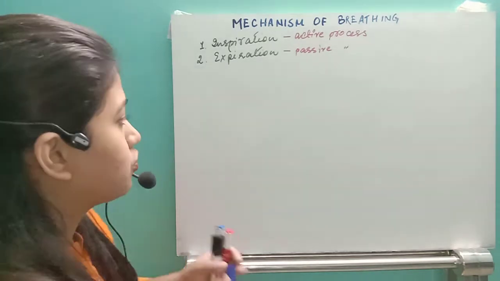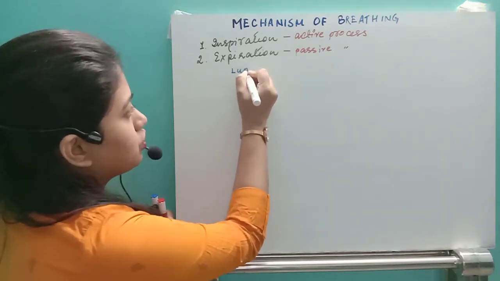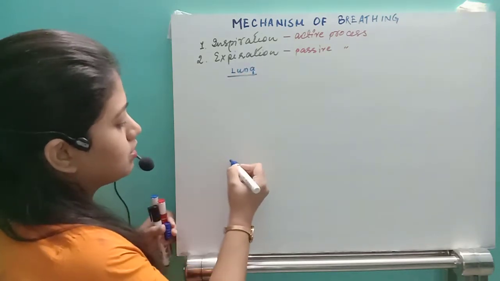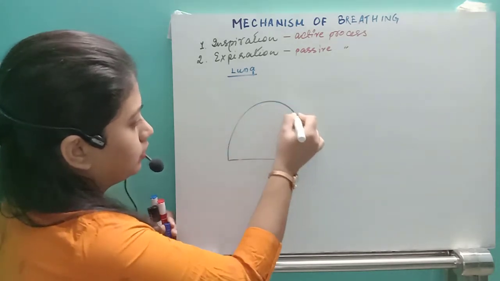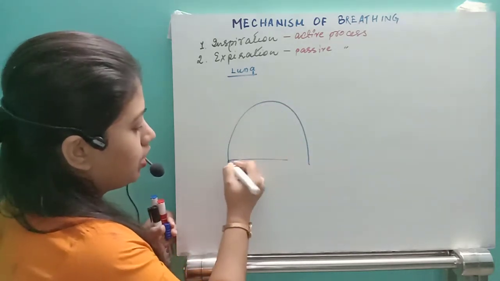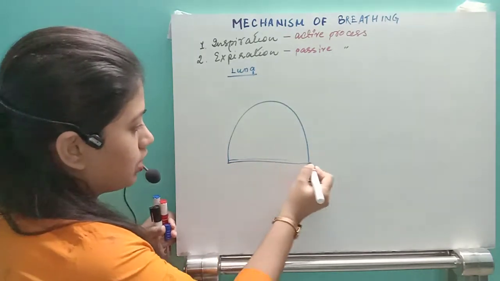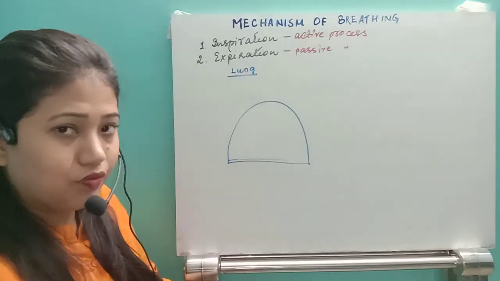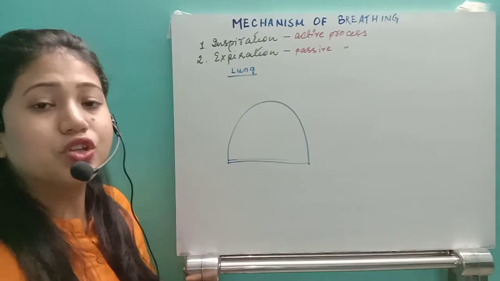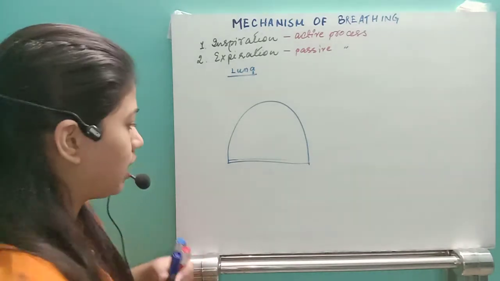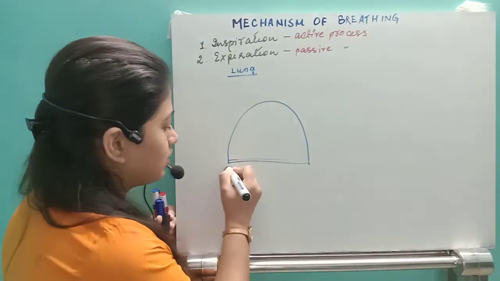Suppose I show the structure here: this is the lung. Just behind the lung, we have one very important structure, as I already mentioned, the diaphragm.